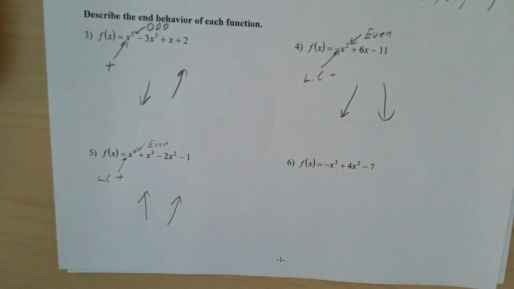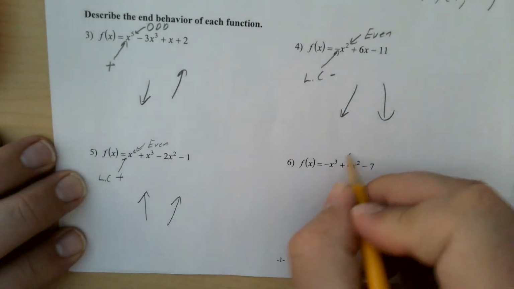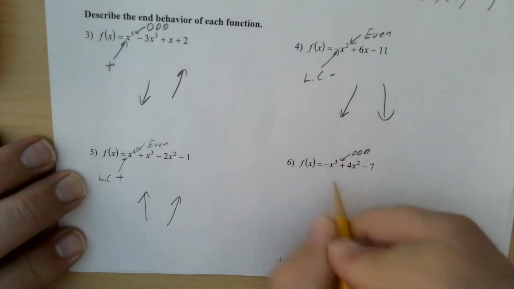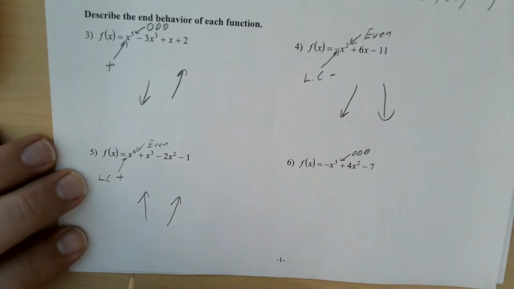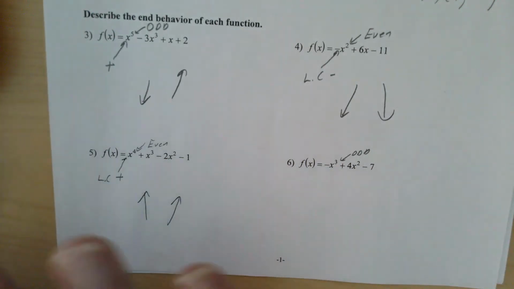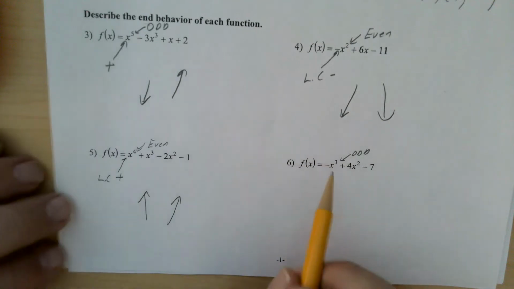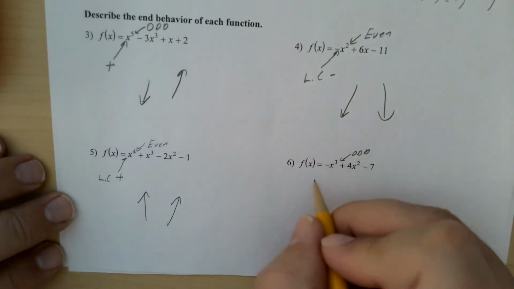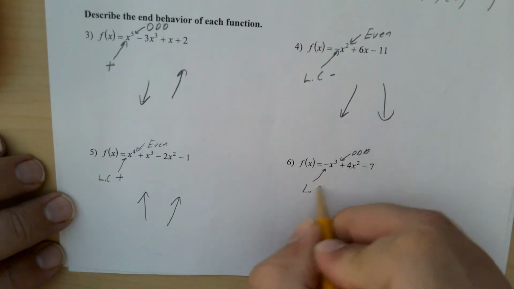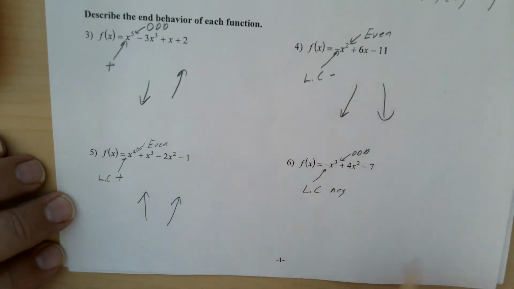And the last case, the only other possible scenario is if it's odd. So again, my largest exponent, just be careful. It may not be in standard form. Okay, you still need to search for the largest exponent, but in this case, I have it first. It's my degree of 3, which is odd, but then I have a leading coefficient that is negative.